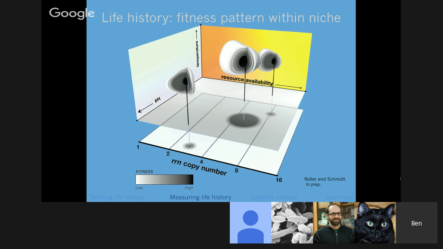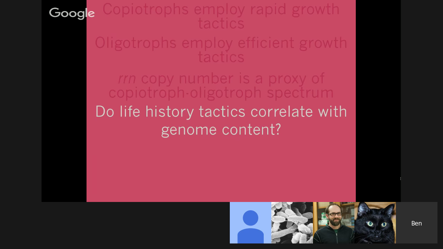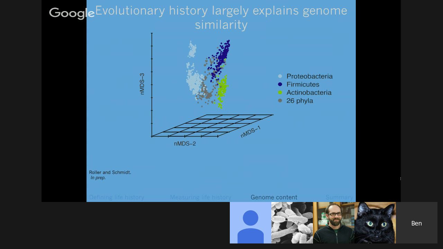So finally, I wanted to ask, overall, does an organism's genome content covary with its ribosomal RNA operon copy number? In this case, we're going to be looking at some ordination plots where we compress an organism's overall genome content, so all the orthologs or all the pathways in its genome, into one data point, and we ask, is that organism's combined set of pathways more similar or less similar to every other genome in the data set?